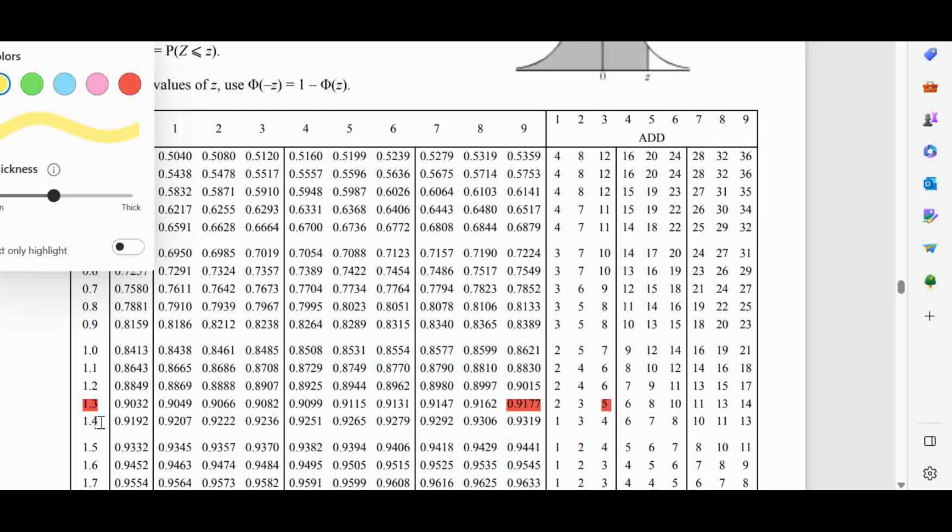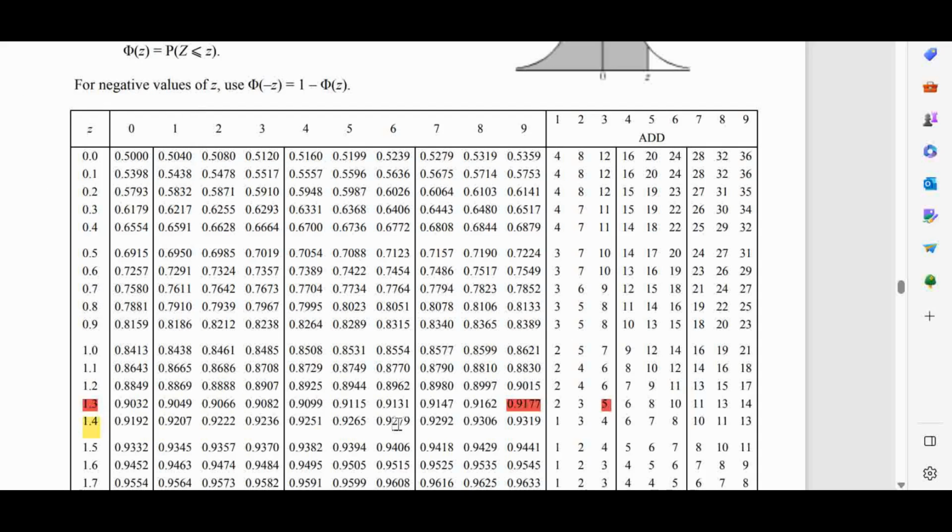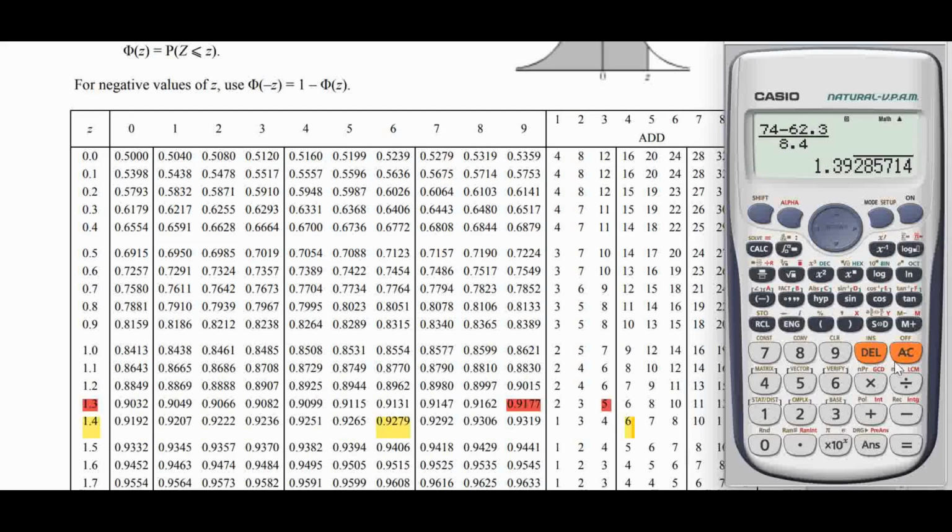This will be 1.46 and 4: 0.9279 plus 0.0006. So this will be equal to 0.9285.